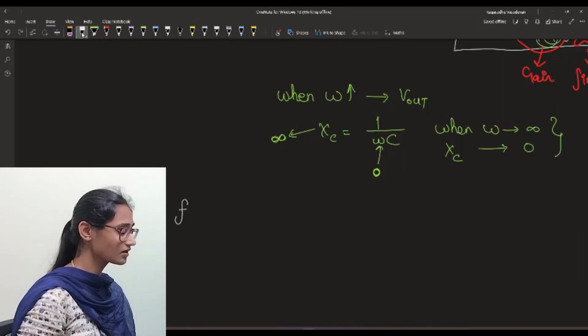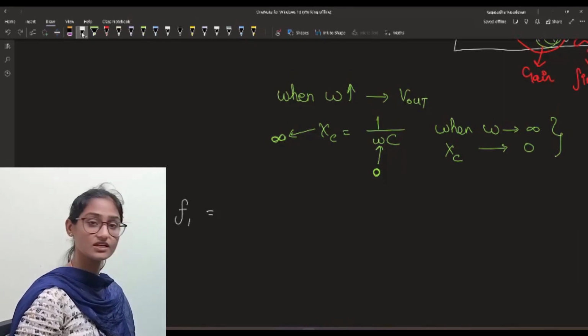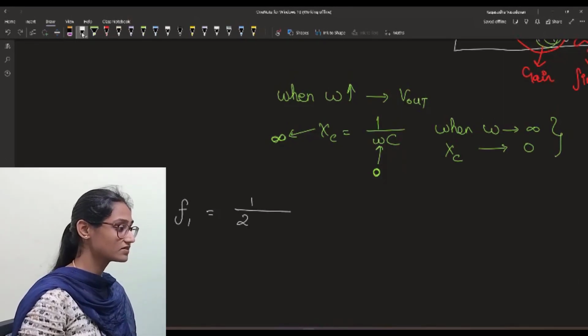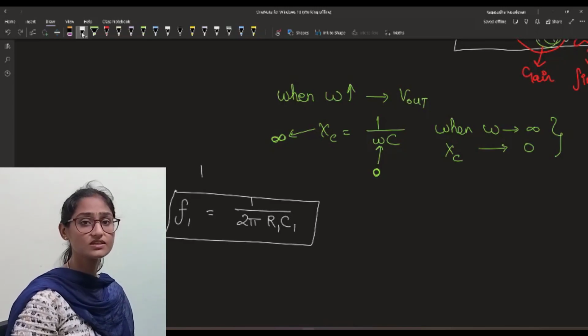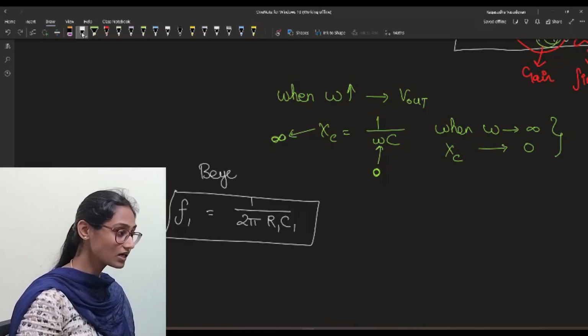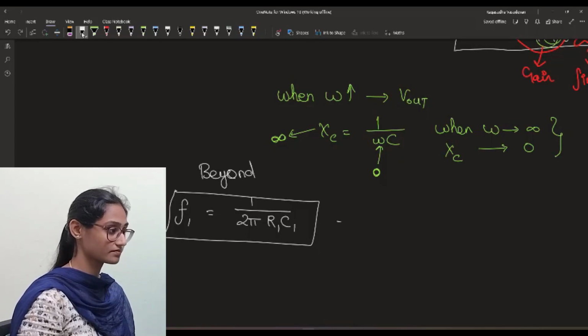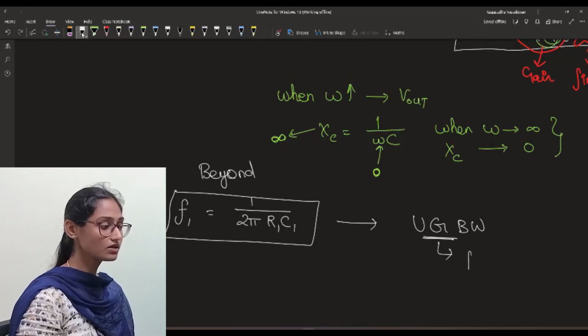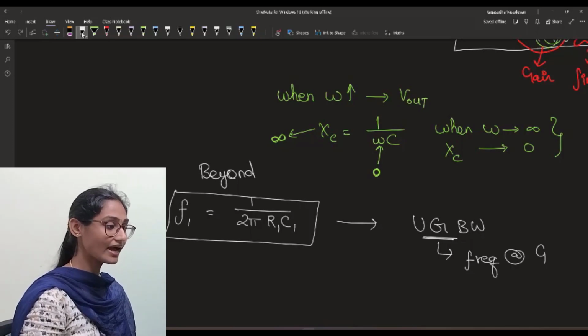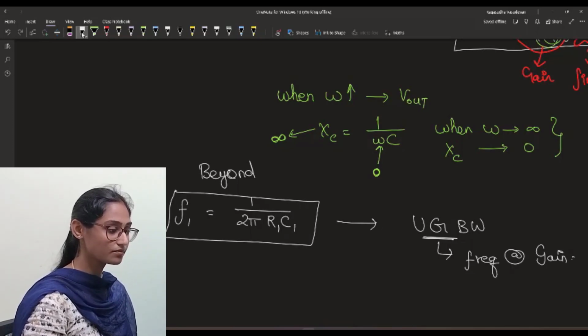Therefore, at a minimum frequency, let us call it F1, which is equal to 1 by 2 pi into R1 into C1, we are going to use the circuit as an integrator beyond this frequency. Of course, this goes up to the unity gain bandwidth, which is the frequency at which the gain becomes 1.